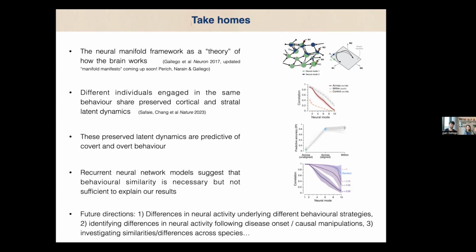And since we have discussion time, because the talk is shorter than what Medad asked us to prepare, I figured I could add a few future directions that we had in the paper, like studying differences in neural activity underlying animals that perform the same task with different strategies, which may be easier to do in the cognitive domain than in the motor domain, because if the motor output is very similar, it's hard to make the motor output different. Also, identifying differences in neural activity after disease onset, if you do different causal manipulations, or exploring similarities and differences across the species.